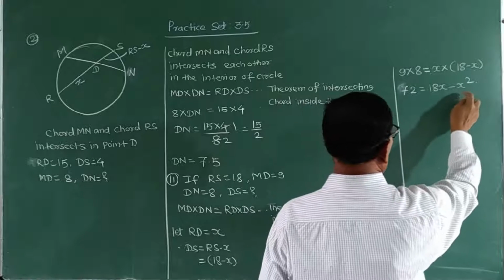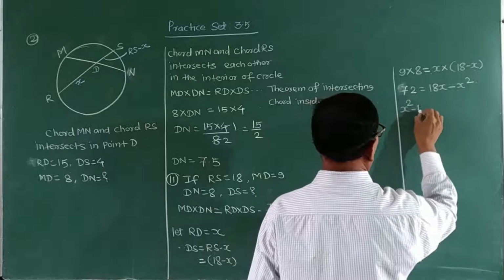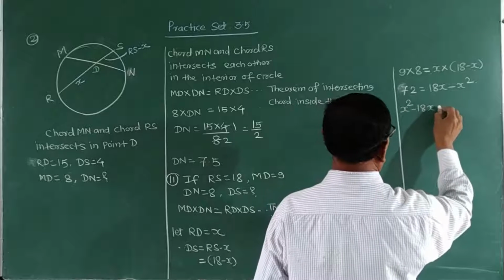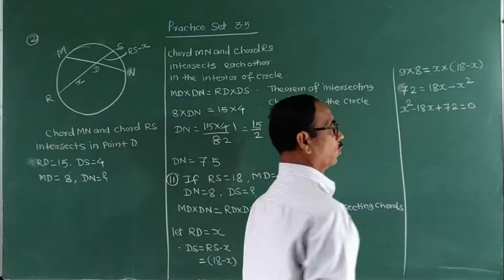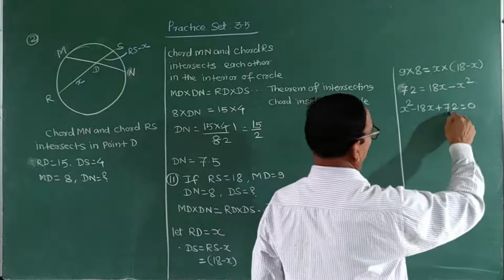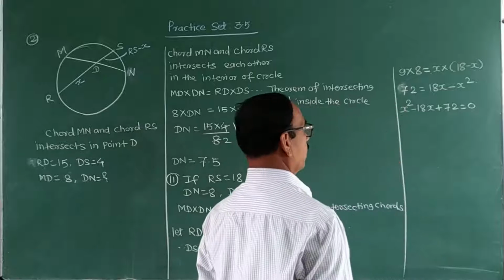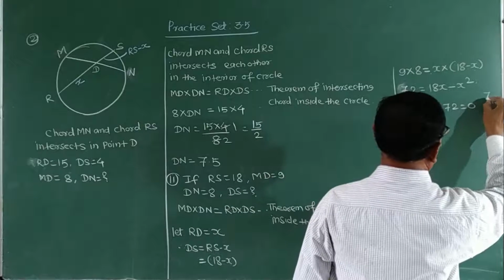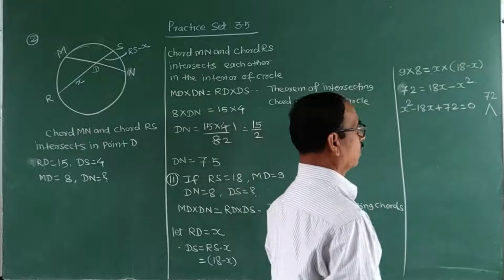So take this part to the left hand side. This will be X square minus 18x plus 72 equal to 0. Now we have to solve this quadratic equation. So divide 72 in two parts such that their product is 72 and their sum is minus 18.